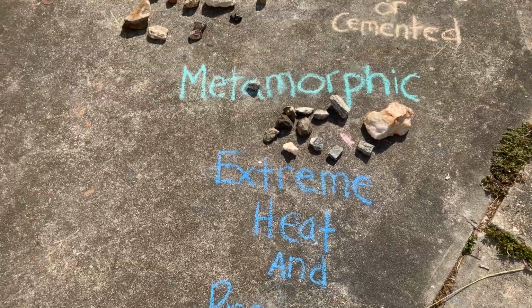So guys, where are you going to find extreme heat and pressure? Think about that. Where are you going to find a lot of heat and a lot of pressure on Earth? Not on the surface, you're going to find it deep, deep below, inside Earth's crust. That's where metamorphic rocks form.